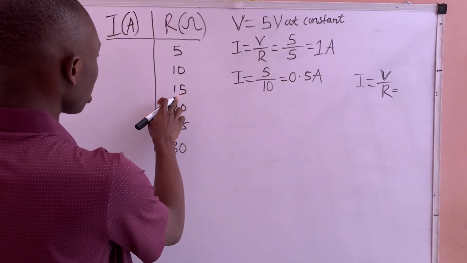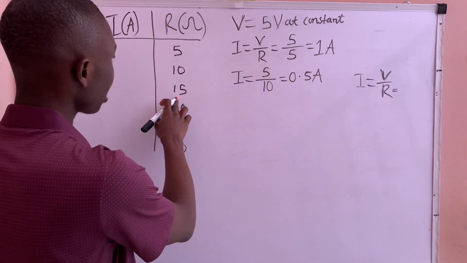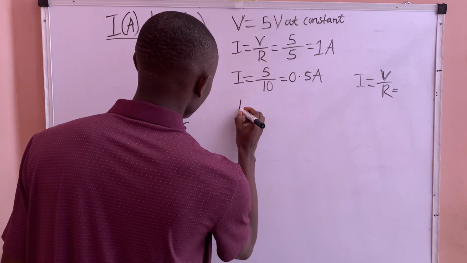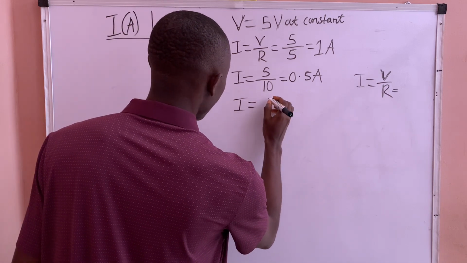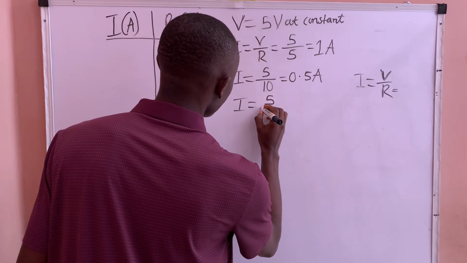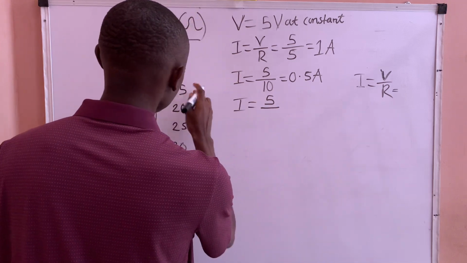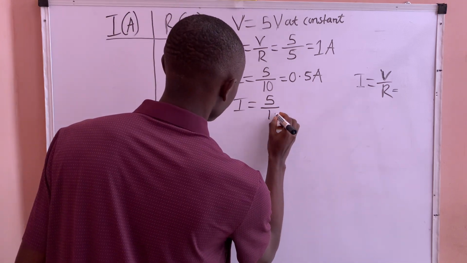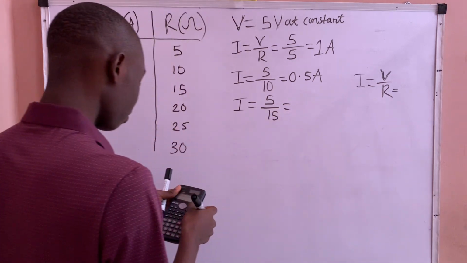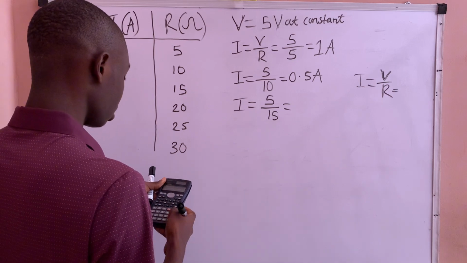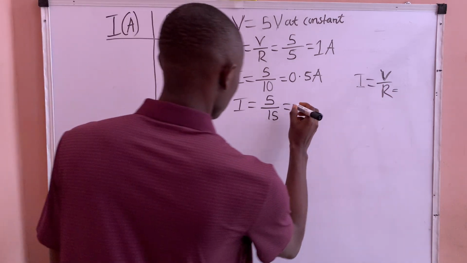For the third one, when we increase resistance by 15, the current will be 5, which is voltage, a constant, divided by resistance value, which is 15.